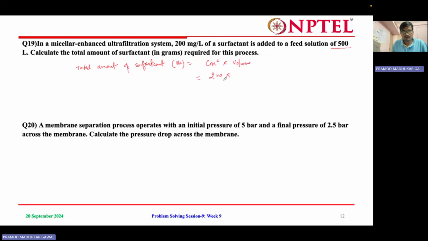Concentration 200, volume 500 liters. So 1 into 10 to the power 5 mg. Then this question asks in grams, so convert into grams. So it's 100 gram.